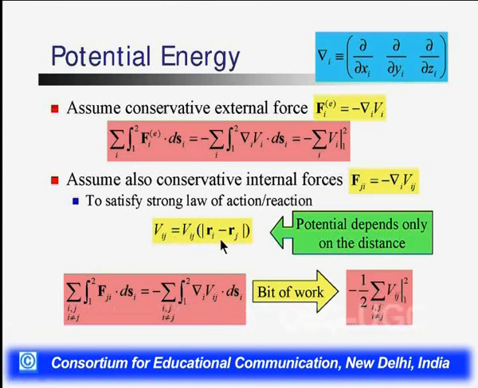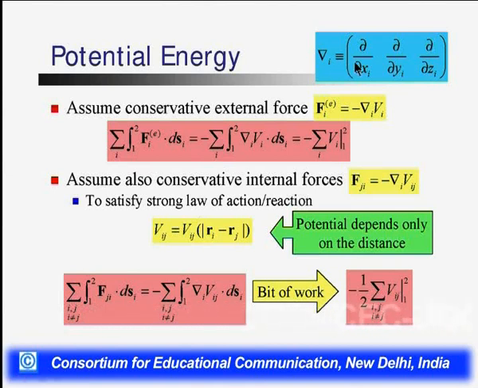Then this equation, which is the summation over i, j from 1 to 2 of Fji dot dSi, is equal to minus summation over i, j, i not equal to j, from 1 to 2 of del i Vij dot ds. Simply we put this value here. Now we solve it, and finally we have 1 by 2 summation over i, j, i not equal to j, of Vij from 1 to 2.